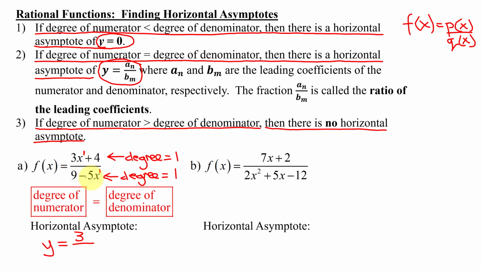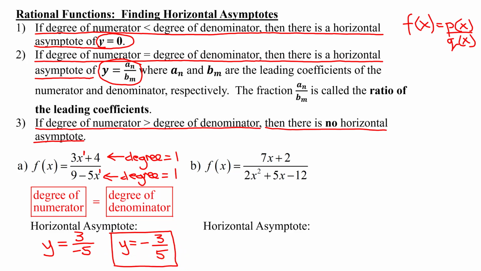And now in the denominator, the leading coefficient is not the first term because the second term has the x with the highest exponent. So its coefficient is -5. Now, we never leave a negative in the denominator, so the equation of the horizontal asymptote is y equals -3/5.